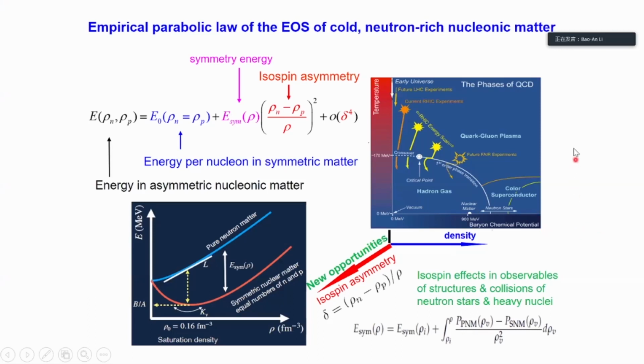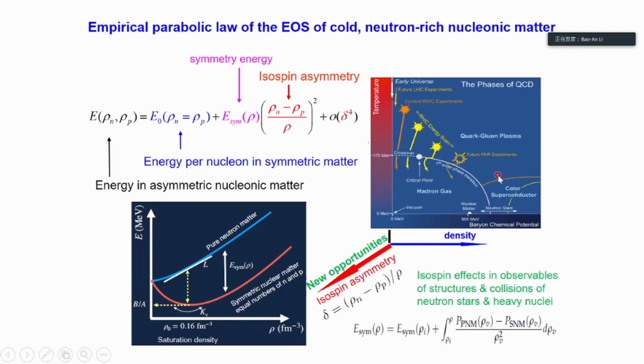Many of you may have been studying the nuclear phase diagram in the plane of temperature versus density. There are many interesting issues that have been studied for a long time.